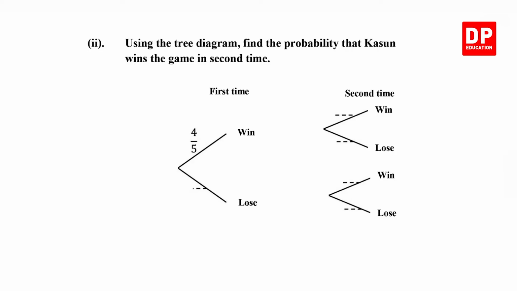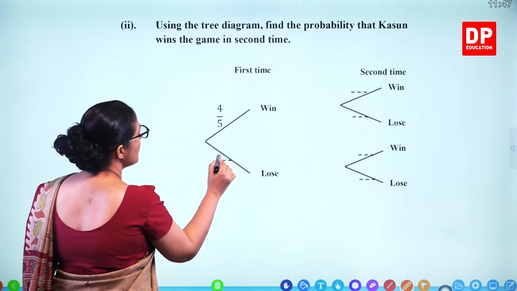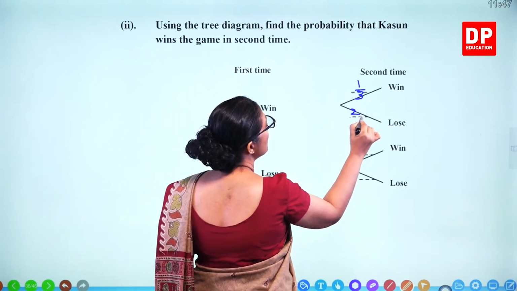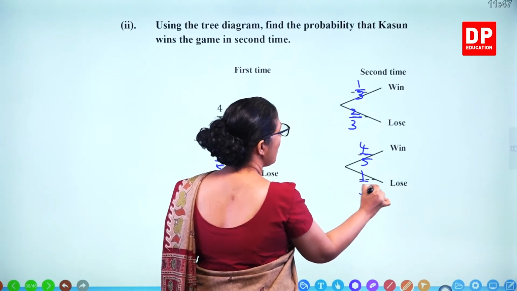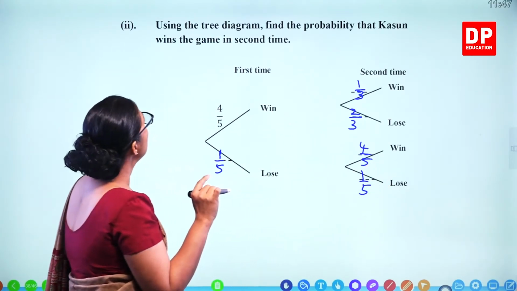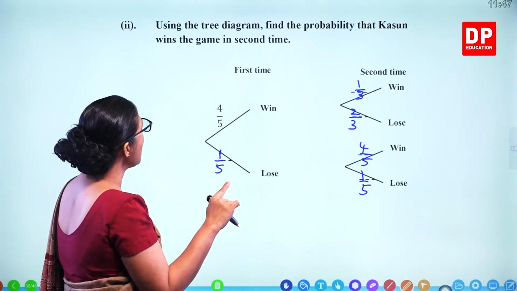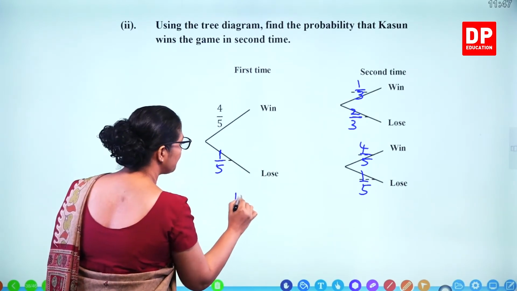Second part, using the tree diagram, find the probability that Kasun wins the game in second time. These are the probabilities. So second times winning.